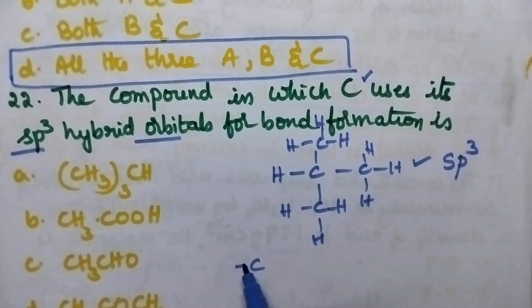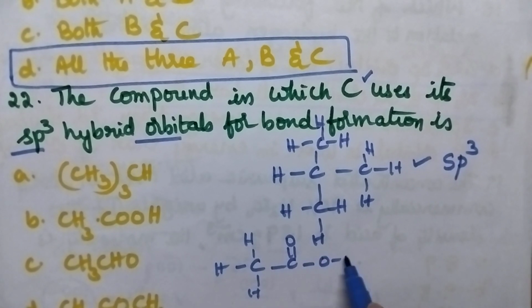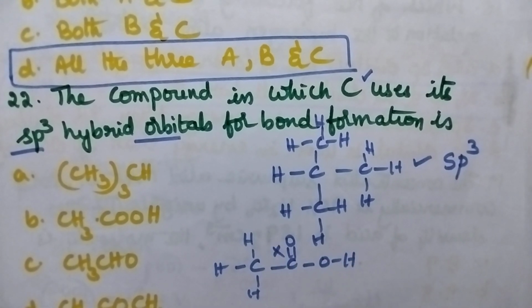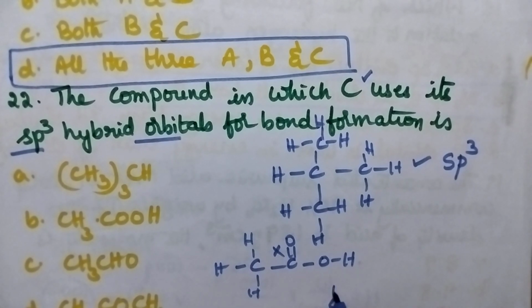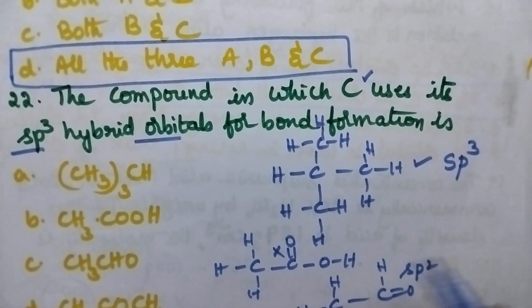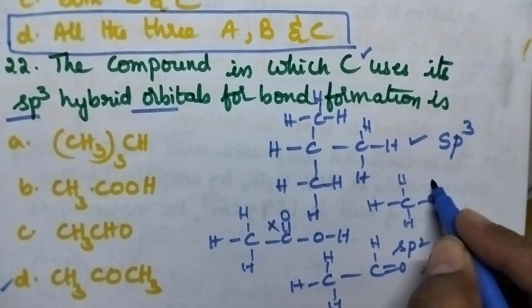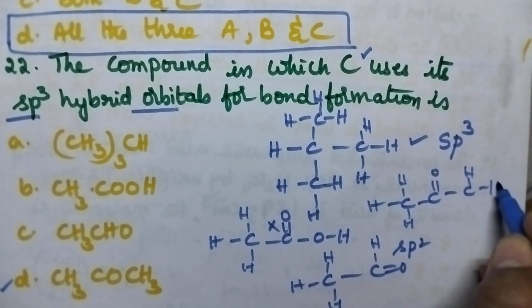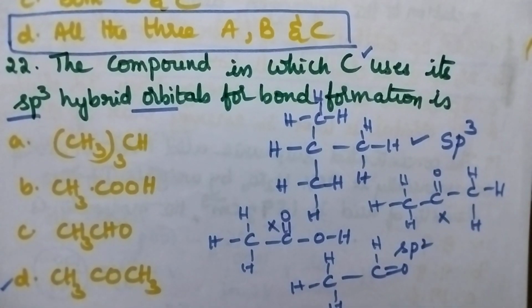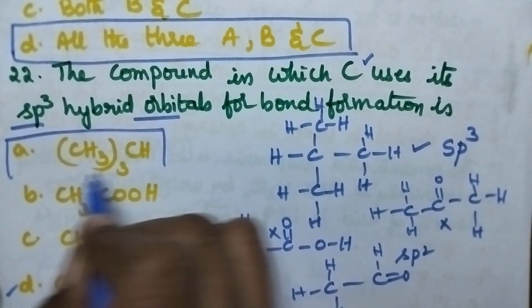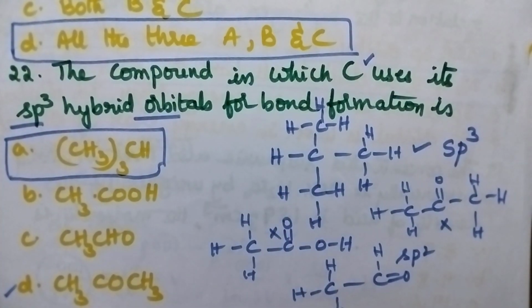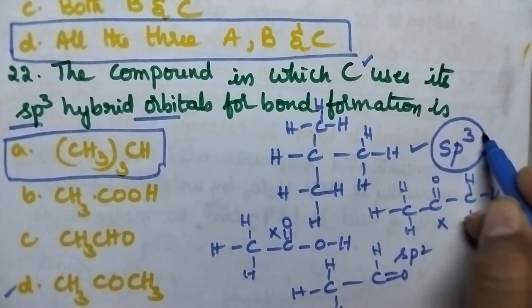Coming to the second compound, CH3, C double bond O, OH. Here sp2 carbon is present. Coming to the third option, CH3CHO. Again an sp2 carbon atom is present. Coming to the fourth option, CH3, C double bond O, CH3. Here again an sp2 carbon atom is present. So option A is the right answer. Here the carbon uses only sp3 hybridized orbitals.